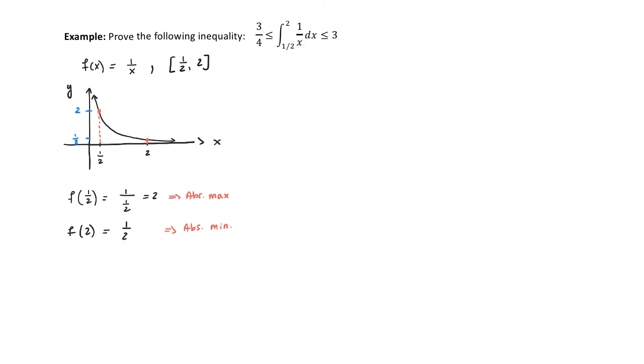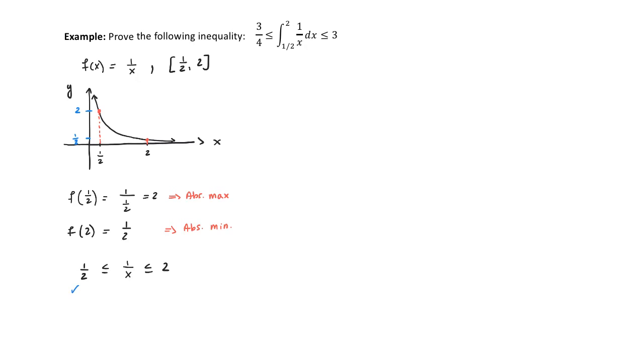So then what I know immediately is that my function 1 over x is going to be greater or equal than 1/2, and is going to be less or equal than 2. So practically then, I found a lower bound and an upper bound.